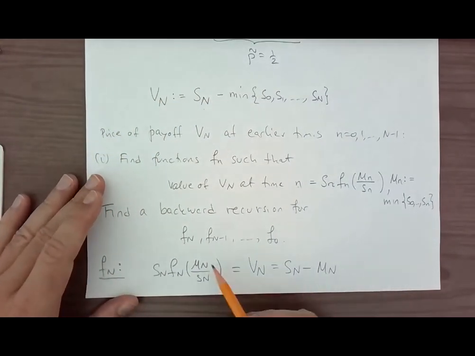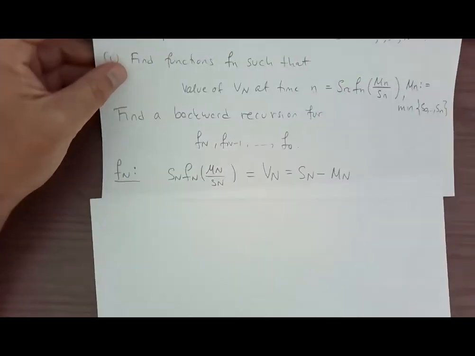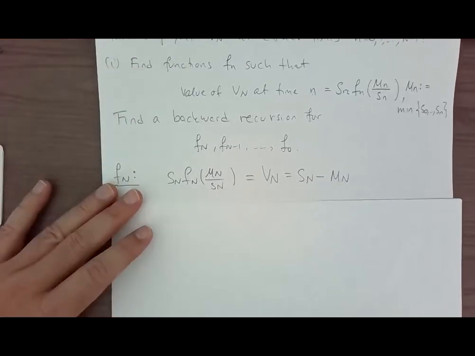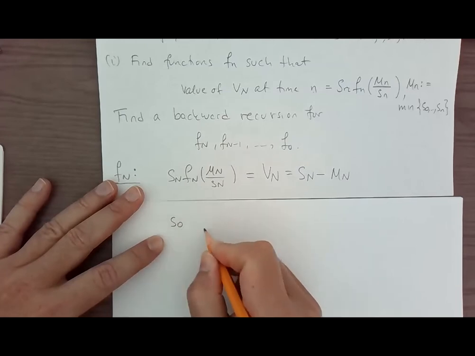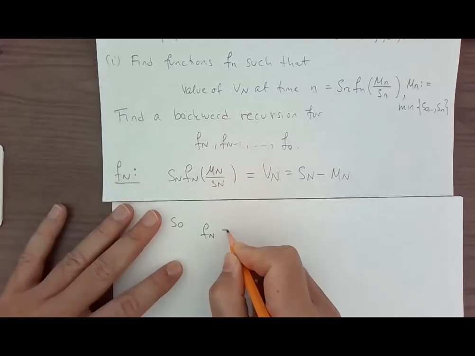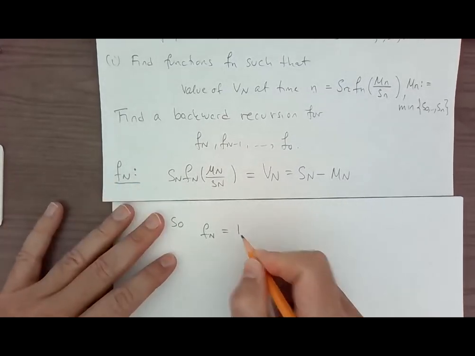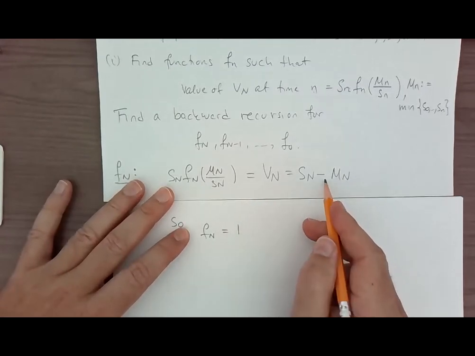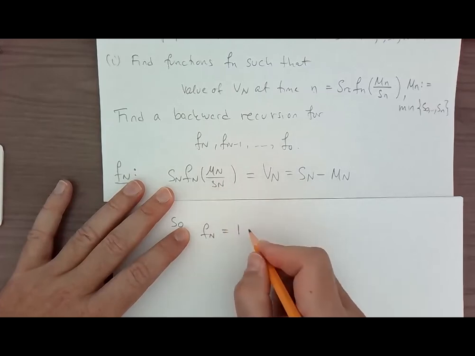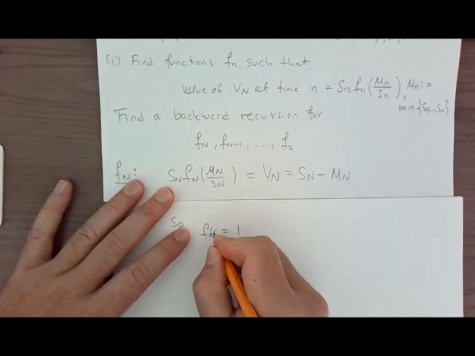So that's the requirement. What should fn be? We solve for fn. fn of x is equal to 1 minus x.